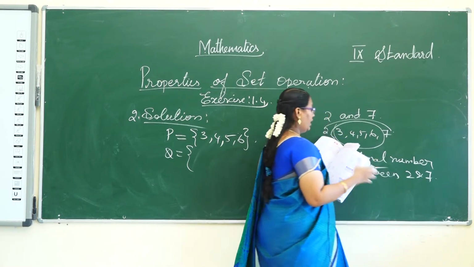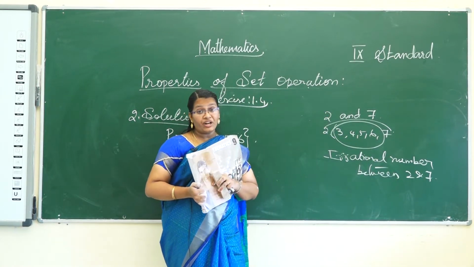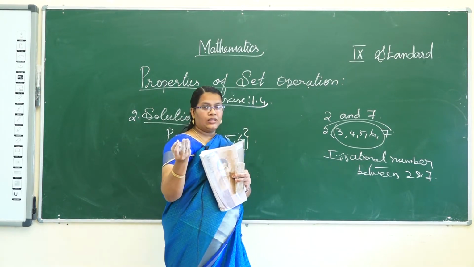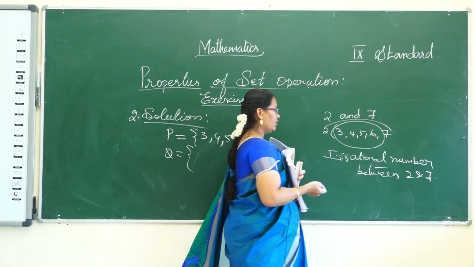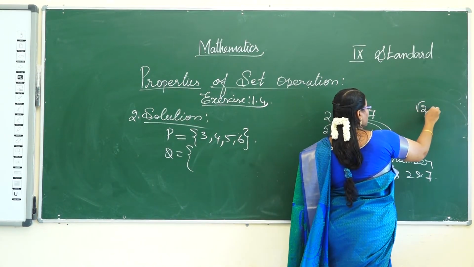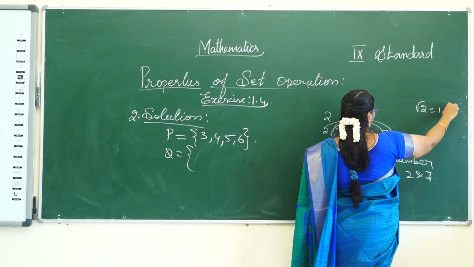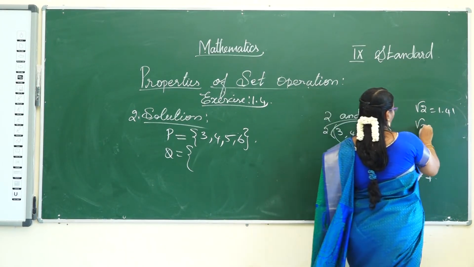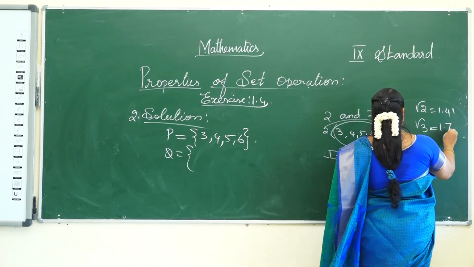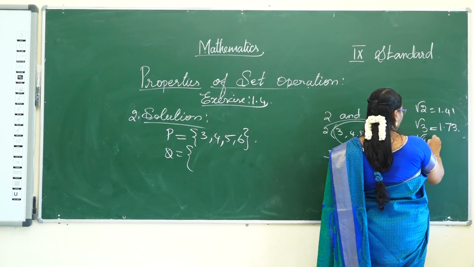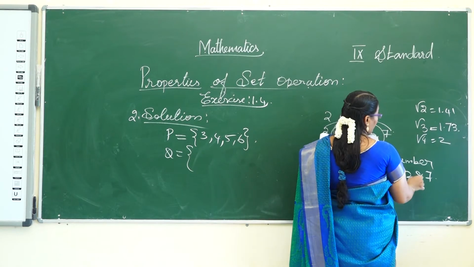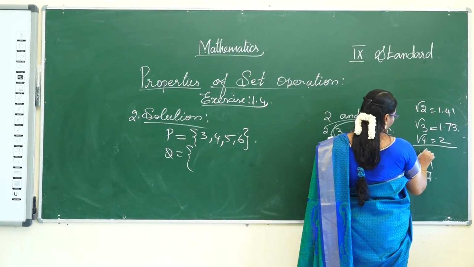Irrational numbers, you already learned last year. There are infinitely many irrational numbers between 2 and 7, so we consider only a few. Root 2 is 1.41, root 3 is 1.73, and root 4 is 2. We need irrational numbers between 2 and 7 only, so start from the next one, root 5.